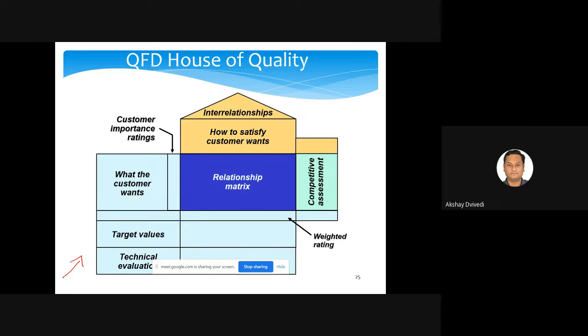Once this is done, Yoji Akao also wanted this matrix to reveal the competition, that is, how the product you intend to develop can compete with other products in the market. And if you develop this product, what are the target values it has to achieve?